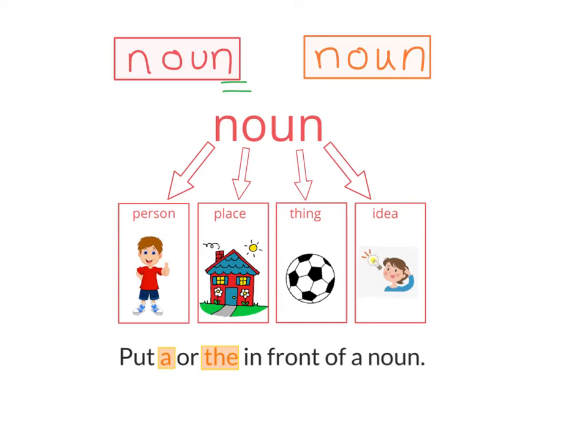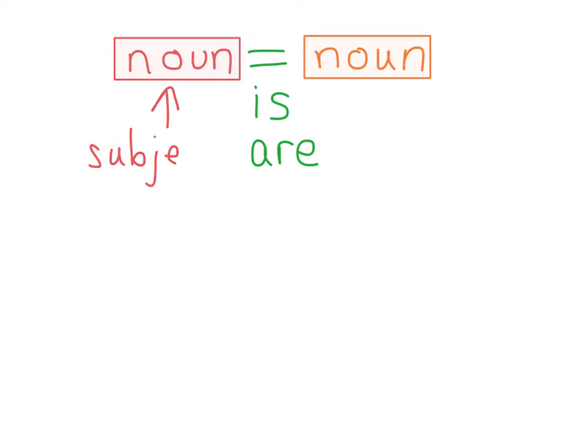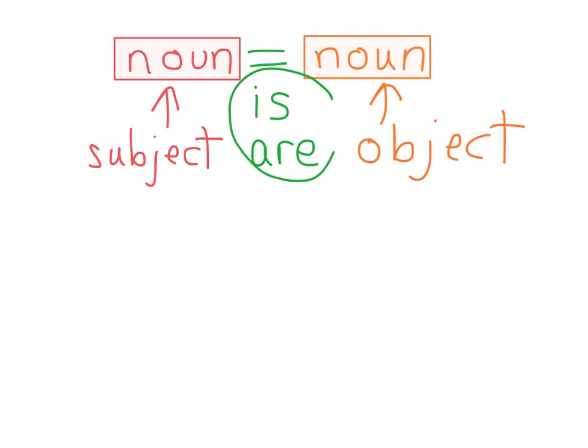So if the noun comes before the verb, which is or are, we call this the subject. And if the noun comes after the verb, we call it an object. And remember that this is the verb in our sentence.